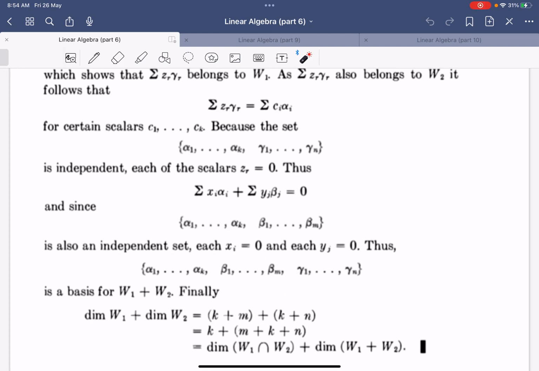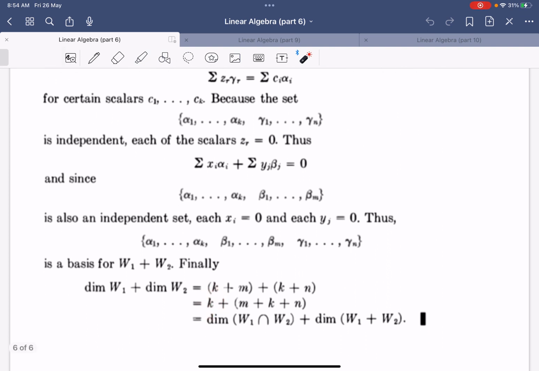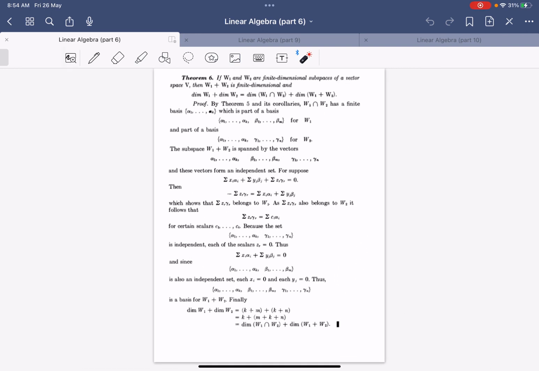So k plus m plus n gives you the dimension of W1 plus W2, and k itself is the dimension of the intersection. So this relates to here, and this relates to here. And this proves theorem 6, because now you have shown that it is finite dimensional from here, and the dimensions are related by this equation.